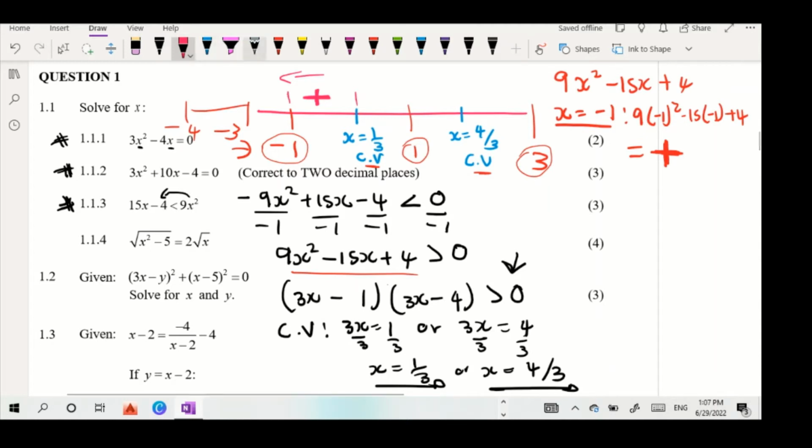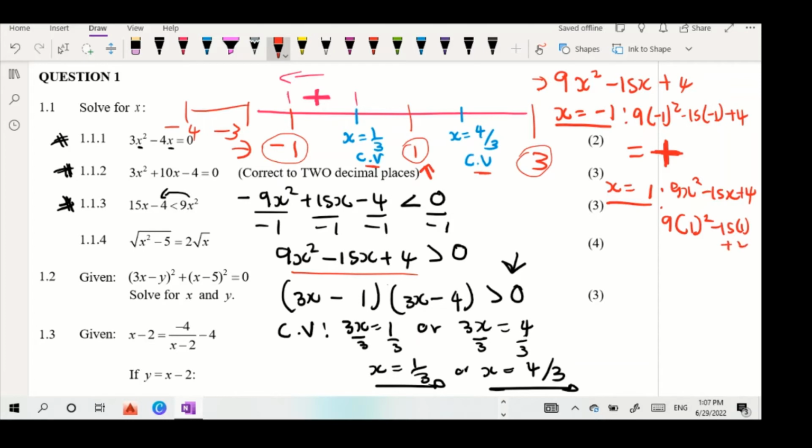You say, when x is equals to 1 now, because we are testing these ones. These ones that I've circled are the ones that we are testing. So we're testing 1 now. So you're going to substitute 1 in your original equation of 9x squared minus 15x plus 4. You're going to test. You're going to say 9, substitute. You put your 1 there, squared minus 15, put 1 plus 4.